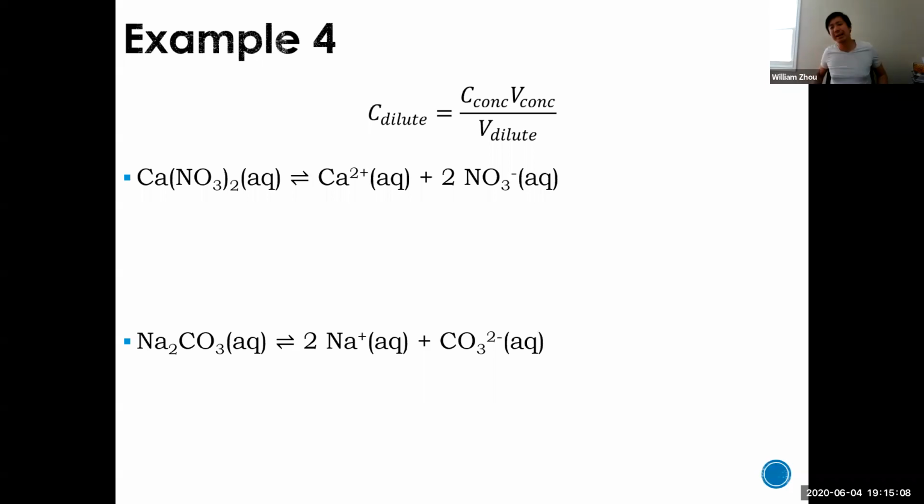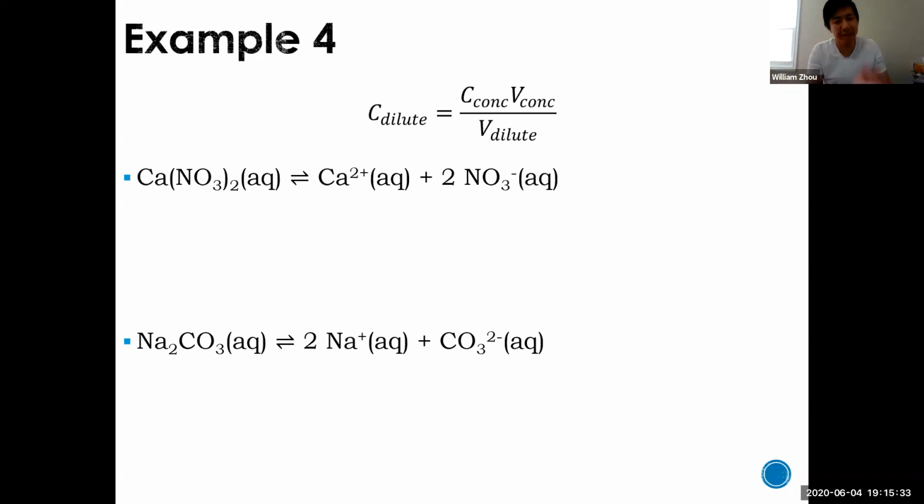And because we want to calculate concentration after you mix them together, that would be C dilute. That's the one that we want. So you can isolate for that term. You move the V over to the other side. You apply this formula to calculate the concentration of the ions that we care about after you mix them together. Okay, do you guys follow? So who do we care about? The equilibrium ions, obviously.